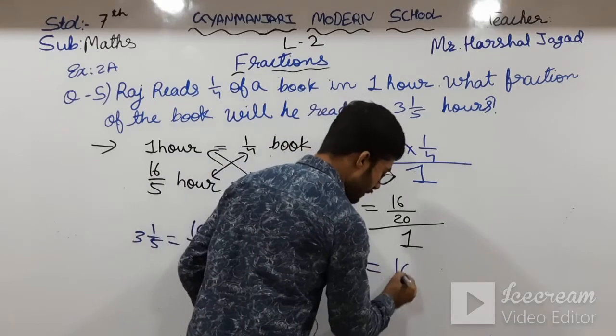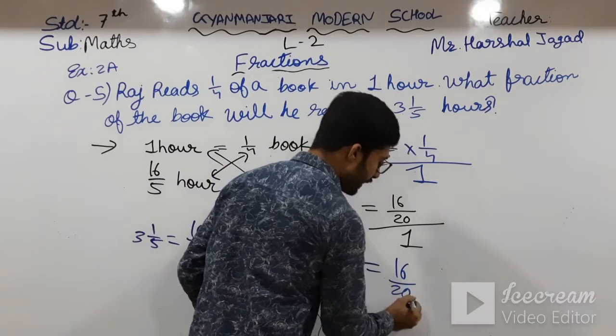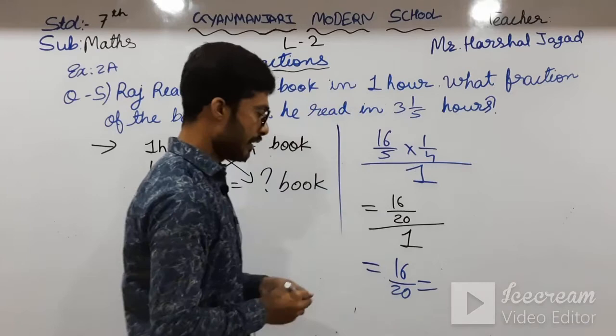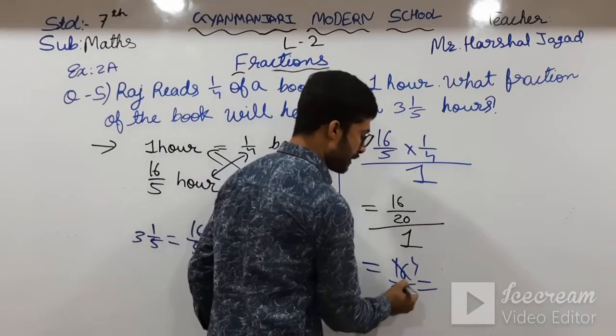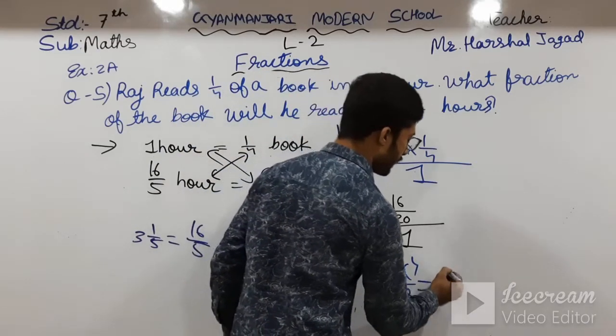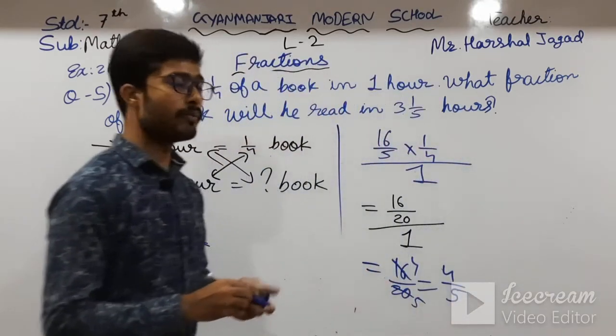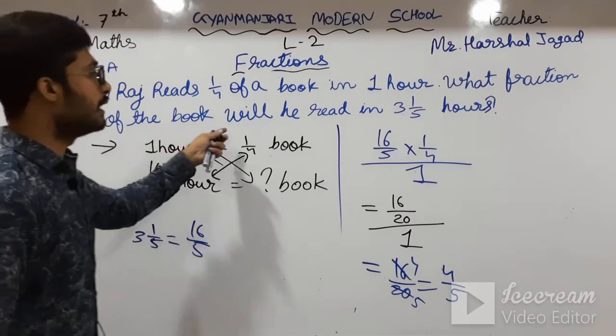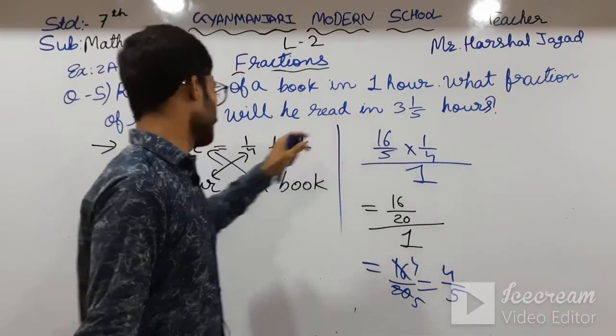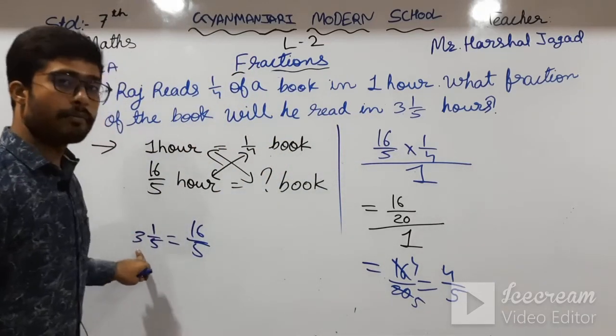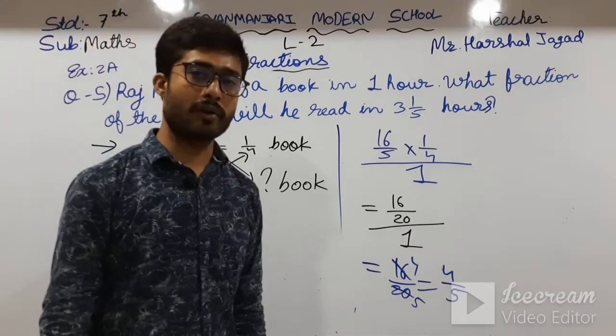So 16 by 20. If we cut this, 4 4s are 16, 4 5s are 20, that comes 4 by 5 fraction of the book. He will read in 3 1 by 5 hours. Please note down this, students.